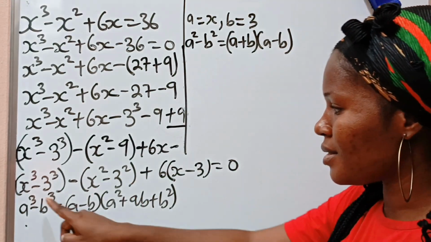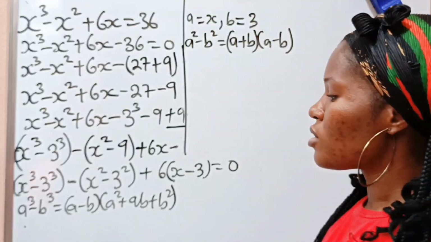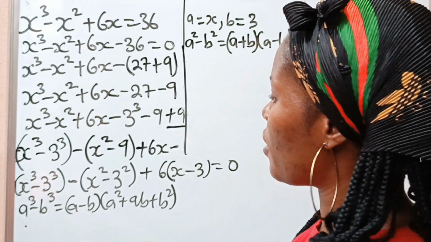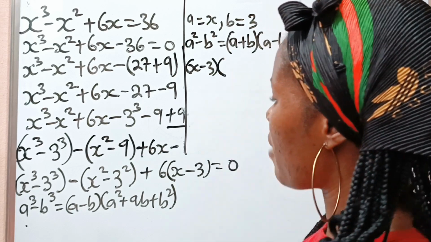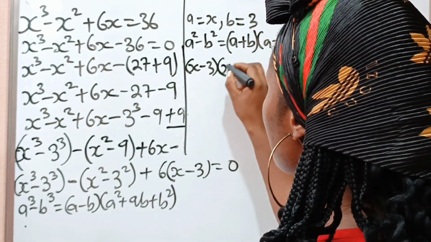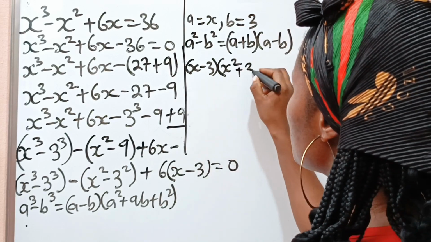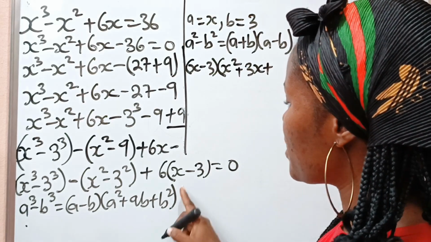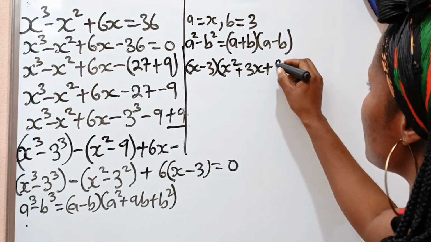Now let's expand this and this using this identity and this identity. For this, it is going to be a minus b, that is x minus 3, multiplied by a squared, that is x squared, plus ab, that is plus 3 times x, which is 3x, plus b squared, which is 3 squared, which is 9.